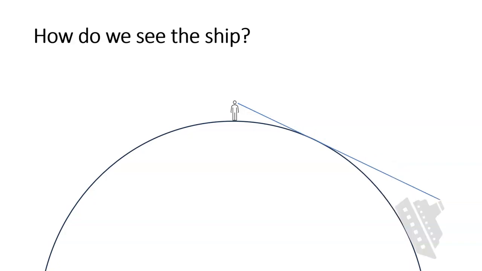And finally, the ship reaches a distance where the line that connects the observer to the ship and is tangent to the earth level only connects the tip of the ship. At this stage, all of the ship is invisible and the ship has disappeared.